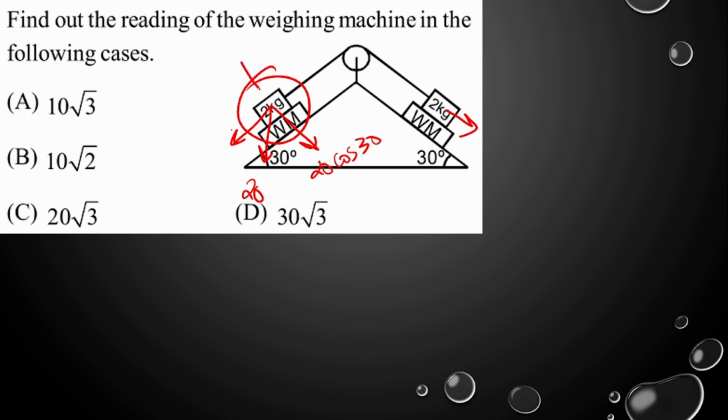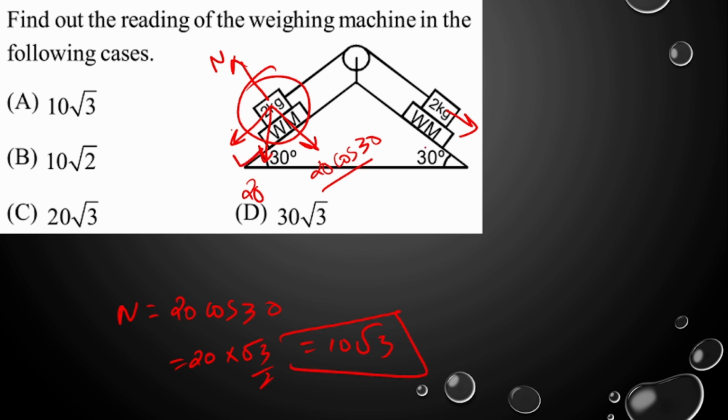The only relevant component is 20 cos 30, and this is normal. So normal is the reading read by the weighing machine, that is 20 cos 30. So the answer comes out as 20 into root 3 by 2. So each weighing machine, this one and this one, reads 10 root 3 newtons.